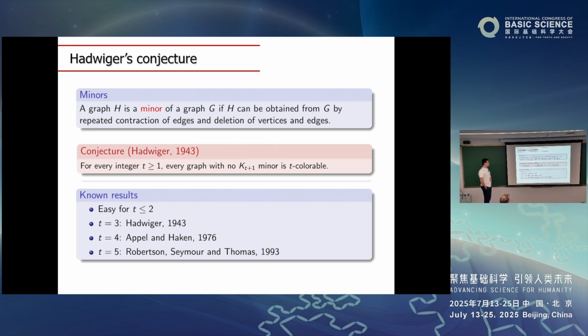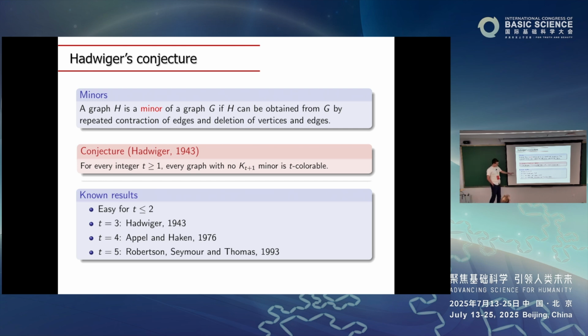For T at most 2, it's easier. For T equals 3, it was already known to Hadwiger when he formulated this conjecture, and was observed independently and earlier by others. For T equals 4, as I mentioned, it's equivalent to the four-color theorem. And for T equals 5, in a tour de force result, Robertson, Seymour, and Thomas proved in the 1990s that it also holds.